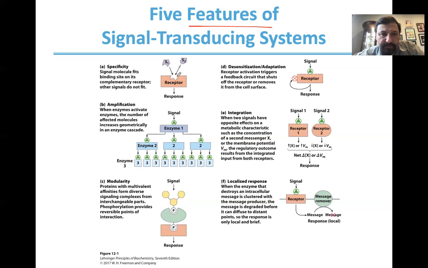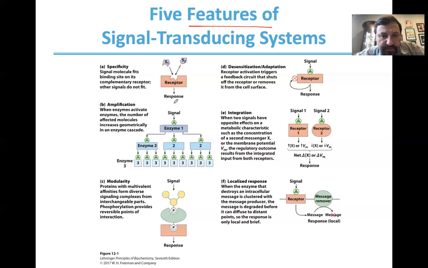And so it has to be complementary to its specific ligand. So it will not accept other types of ligands, which can generate unwanted effects.